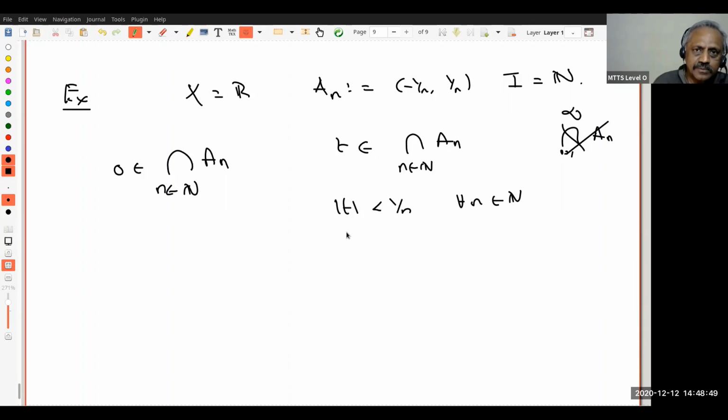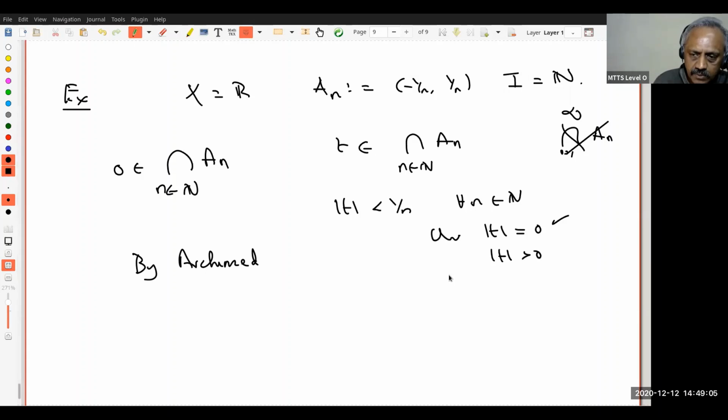Now I have to know intimate knowledge about the real number system. Then I know what it is. By the Archimedean property, I want to claim that t is 0. Suppose false. Therefore, |t| is greater than 0. By the Archimedean property, there exists a natural number n so that n times |t| is greater than 1.